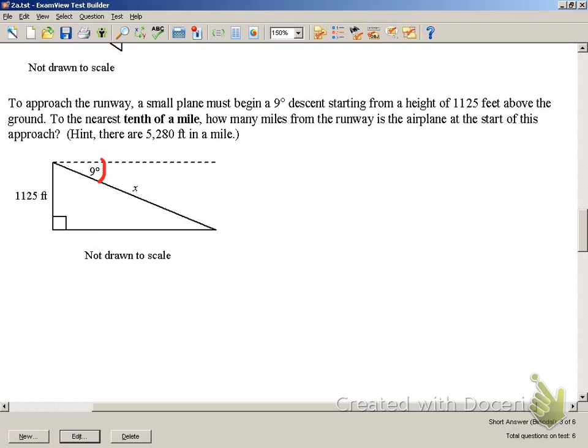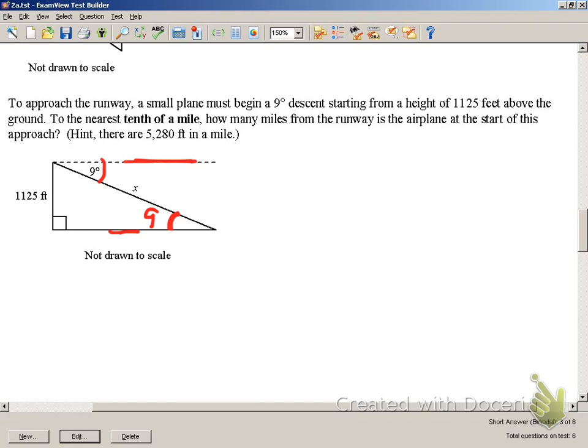Starting from a height of 1,125 feet above the ground, to the nearest tenth of a mile, how many miles from the runway is the airplane at the start of its approach? And hint, there are 5,280 feet in a mile. Remember, this is like our angle of depression. So if I descend, I have my parallel lines here and here, so therefore this angle is also 9 degrees.